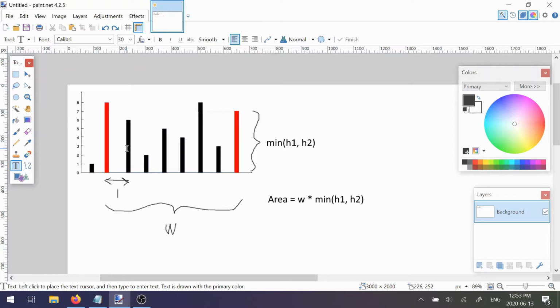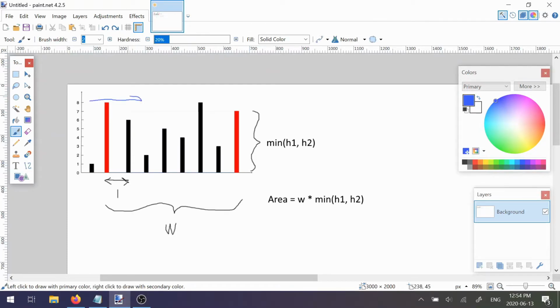More specifically, say if we have 2 lines and we want to increase its area, we should take the shorter line and check if the line beside it is actually taller. If the line is taller, then there is the potential of increasing this area. So how we can do this is we can start off at the 2 ends of this list of lines, and we can slowly move the 2 lines closer to each other and check every time to see what's the maximum area.